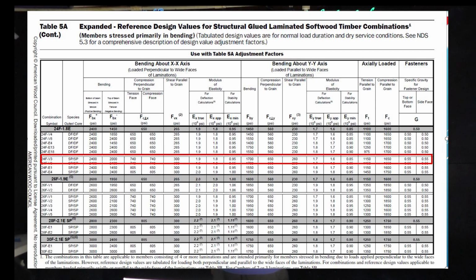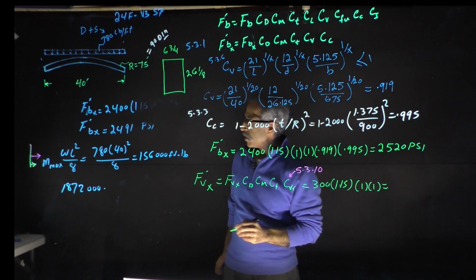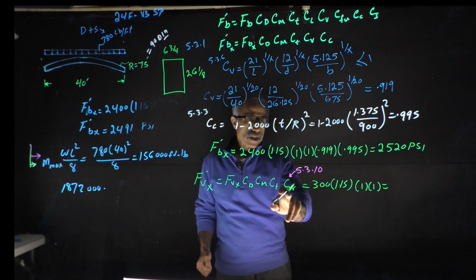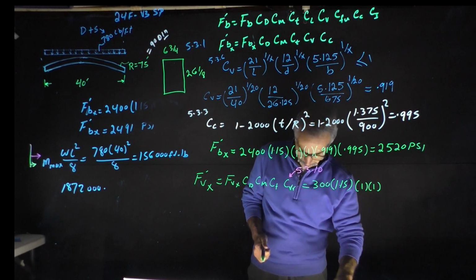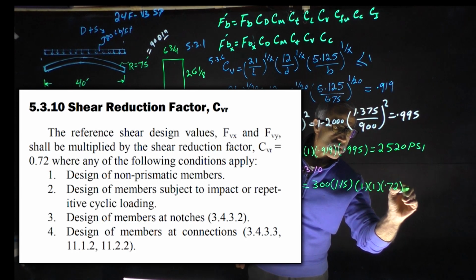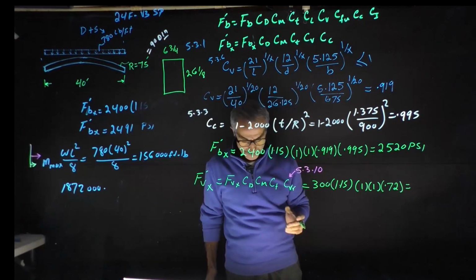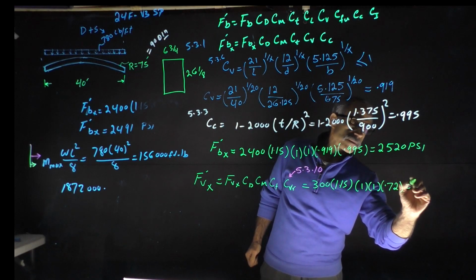Multiply that by 1.15 and 1 and 1, and CVR comes out to 0.72. Now we have 248 psi.